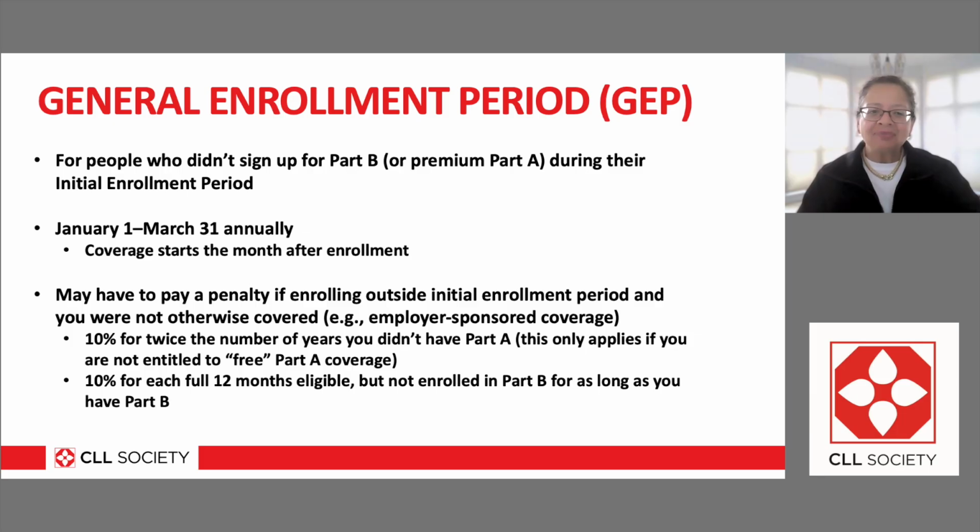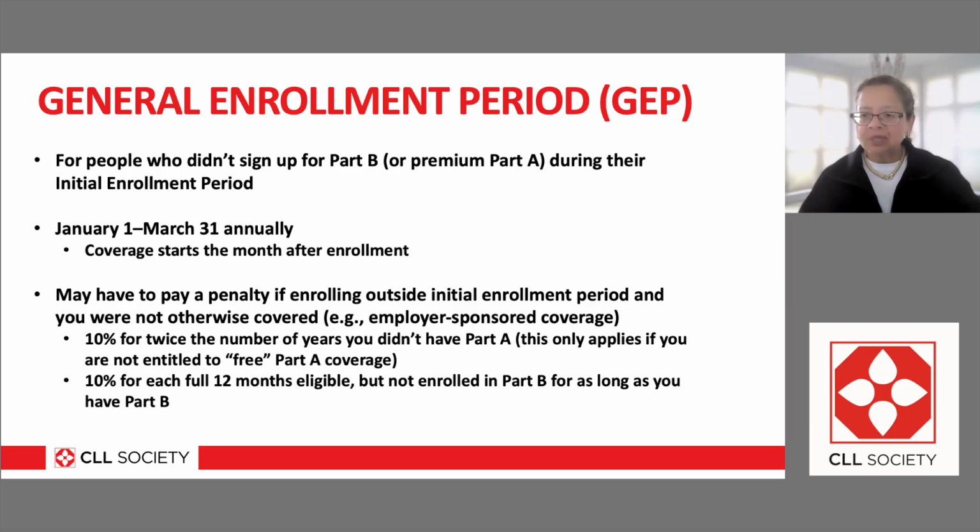The most important thing to say about this is that you may incur a penalty if you enroll outside of the initial enrollment period and you were not otherwise covered by, say, an employer plan.